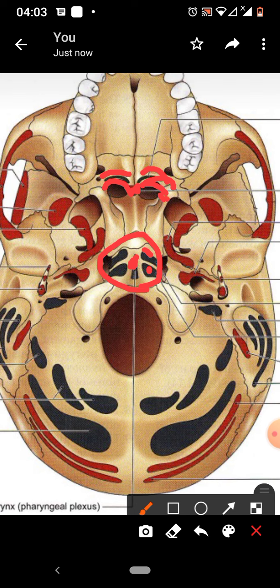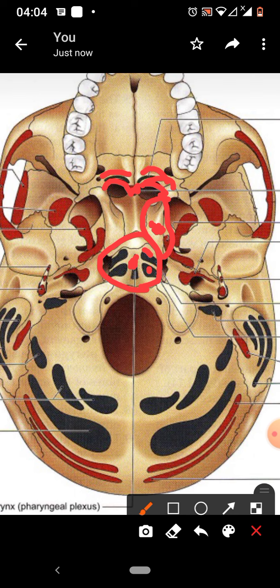You know that this is the medial pterygoid plate. On the posterior surface of the medial pterygoid plate, a triangular projection is present, and the name of this projection is the tuberculum of the pterygoid, the scaphoid-like projection.